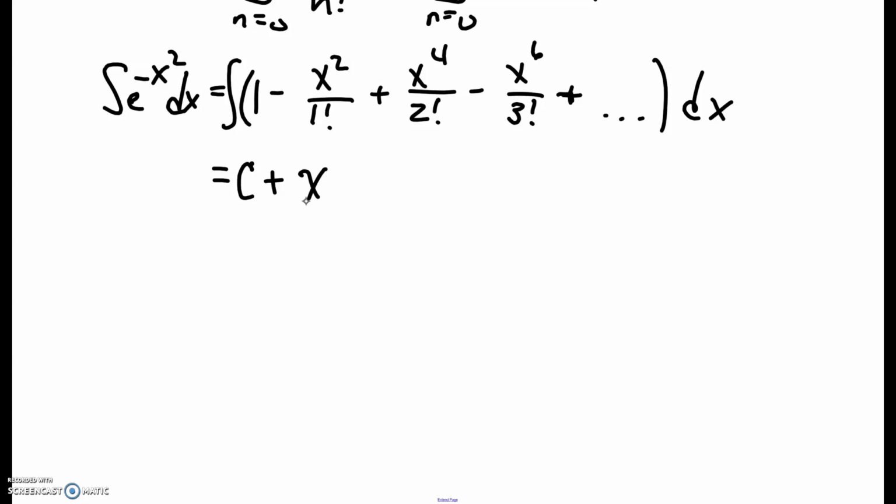The integral of x squared over 1 factorial, we get x to 1 greater power, and we divide by that power. x to the 4th over 2 factorial, we get x to 1 greater power, and we divide by that power.